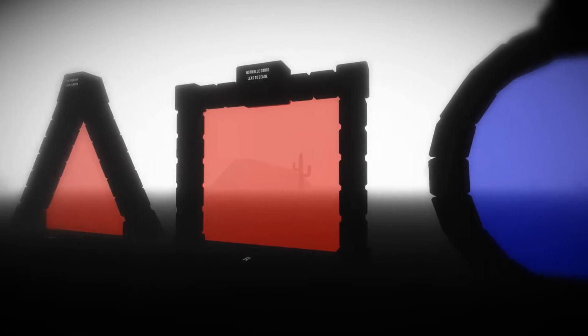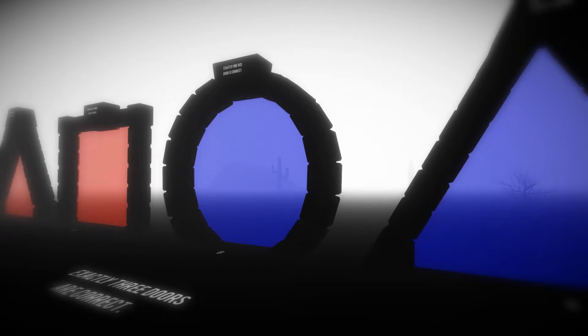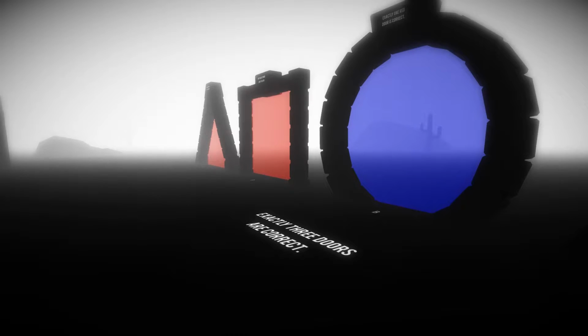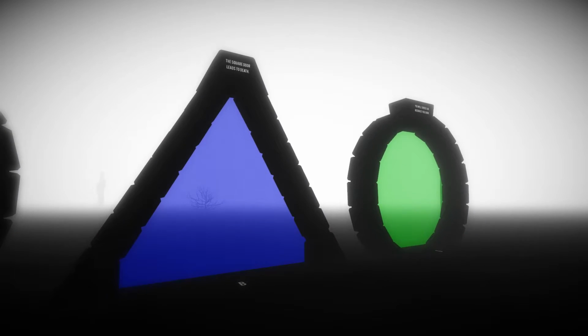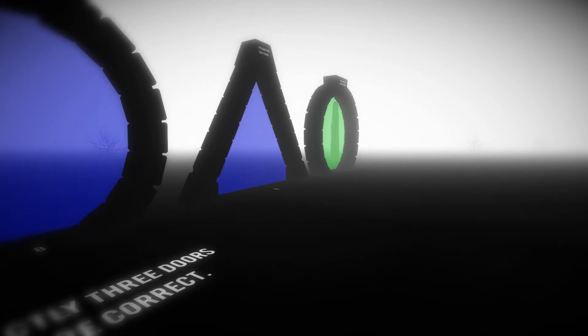So if this is right, both blue doors lead to death. That leads to death. These 2 lead to death. Exactly 1 red door is correct. No, both are. Oh. I can't have this red be true with the triangle and the circle because then this one would have to be right as well.